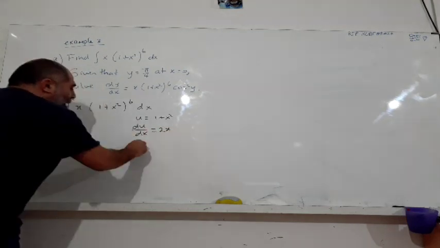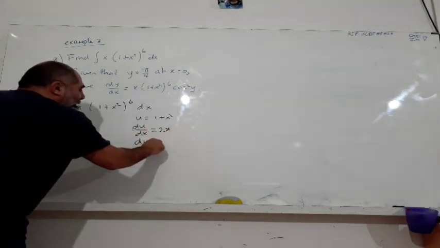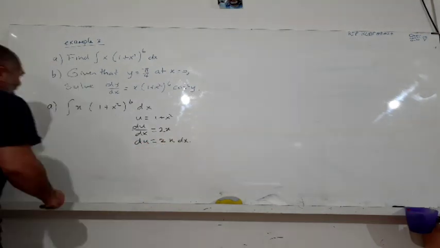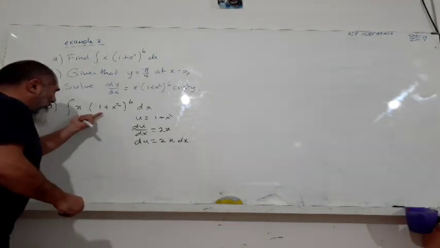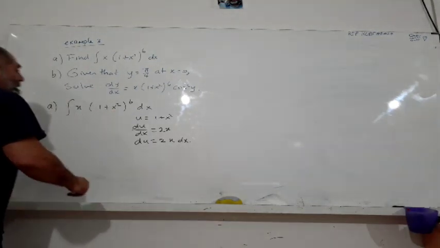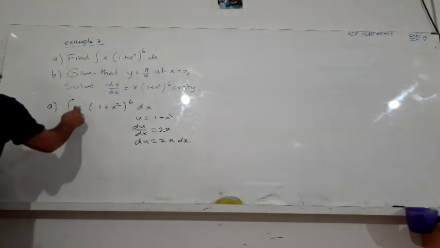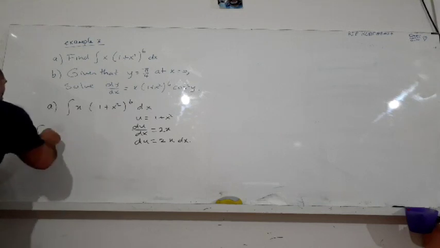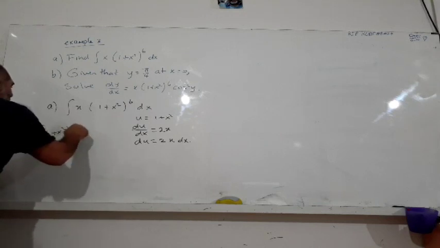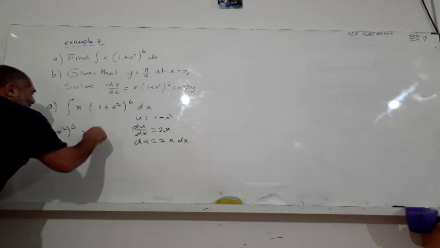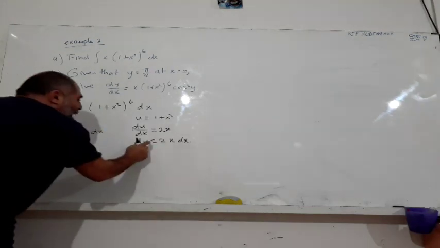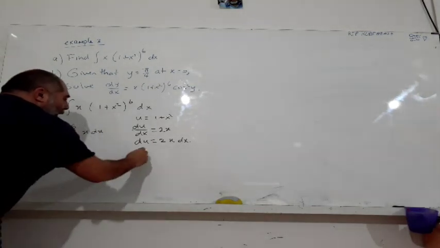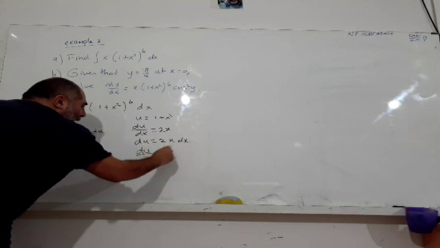Let's have a manipulation here. Let's change the places of this one. It is easy to see that we have (1 plus x squared) to the power of 6, and we have x dx there. We can obtain x dx in terms of u: that becomes du over 2, and this is u.